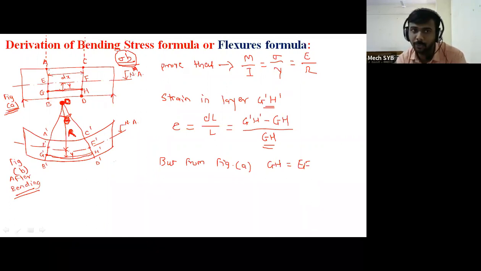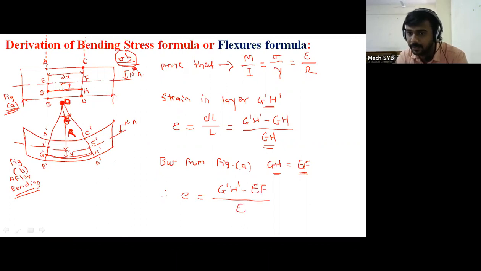But instead of considering the portion AC or the portion BD, I have considered from figure A the distance GH equal to distance EF. Therefore, I will write the same formula: e is equal to G dash H dash minus EF divided by EF. This is equation number 1.